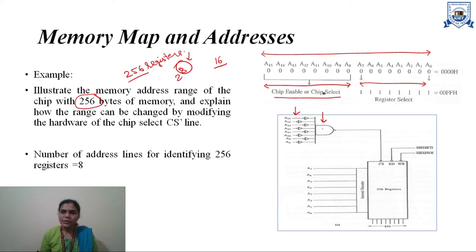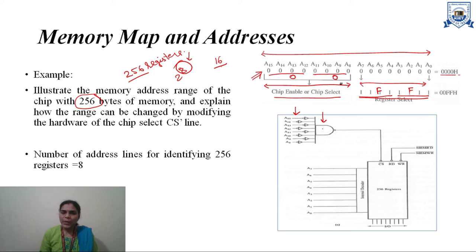So here you can see what the address range will be for this type of chip. The minimum address will be 4 zeros in hexadecimal notation. The maximum address will be 00FF.